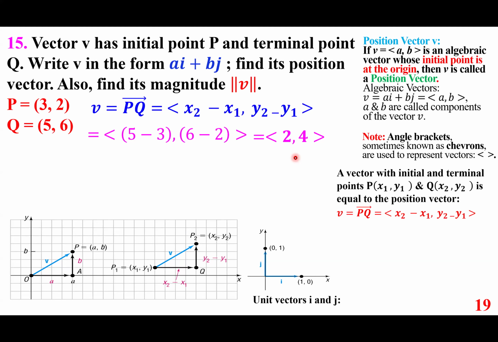Just for the sake of argument, if one tick mark is 1, for (2, 4), go 2 to the right, 1, 2, 3, 4 up. This would be the position vector for this one. Position vector is pretty straightforward, everybody here.